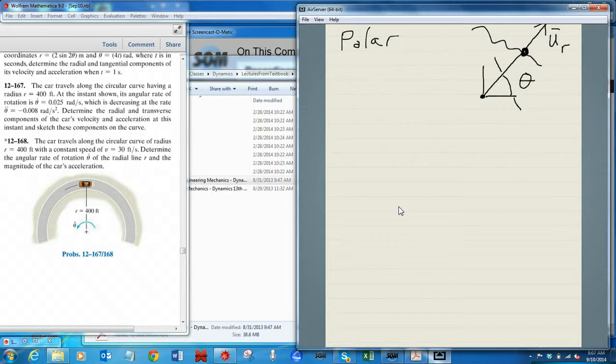So in that case, I'm going to go 90 degrees from here. Boom. That's your theta. It's always that direction. Got it? U theta. I think the book calls it transverse. They gotta have a big name for everything, or else they won't feel important. But that's the transverse direction.